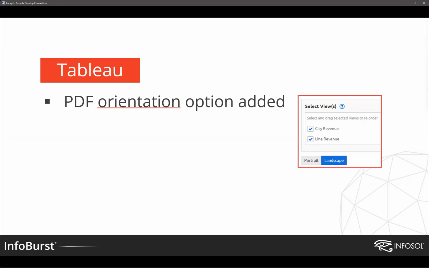Tableau would always produce a landscape orientation, but some reports, some workbooks are designed for portrait. So now you have the option to choose. The default is still landscape, but you can select portrait and have those reports published in the proper orientation. And you can see the option there on the right. That's within the delivery and format tab, where the format as PDF is where you'll see that portrait landscape option.